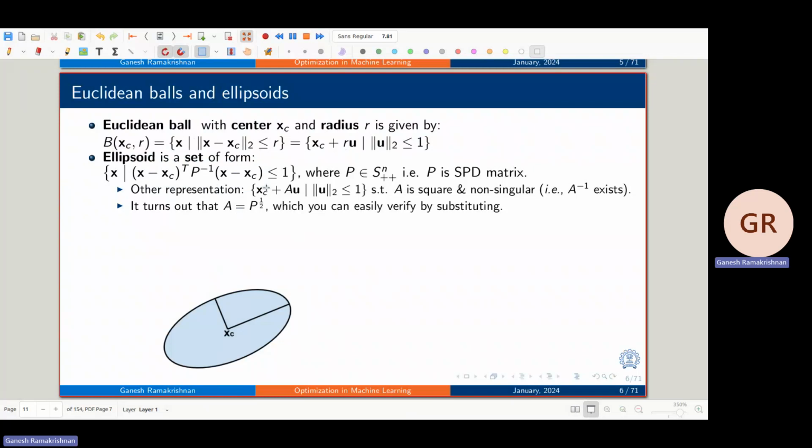A Euclidean ball can be written differently as X minus XC transpose X minus XC is less than or equal to R squared.